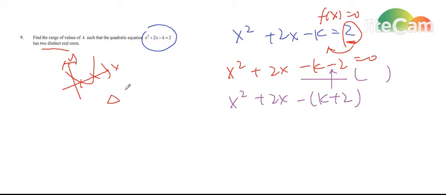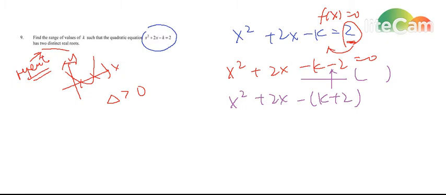The question shows us there are two distinct real roots, so the delta is larger than 0, just larger than 0. Because when we have the equal sign, it means they will have the repeated root. But for the question, we have no repeated roots.